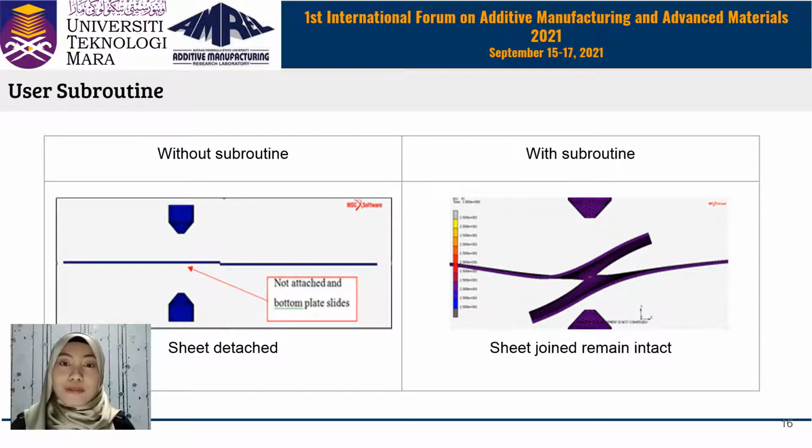During the spot welding process, those conditions occur due to the force applied, current, and nugget formation. However, when we look at the simulation without the user subroutine, the tensile process cannot be run successfully as the sheet was detached. Thus, the user subroutine is very important in this simulation.